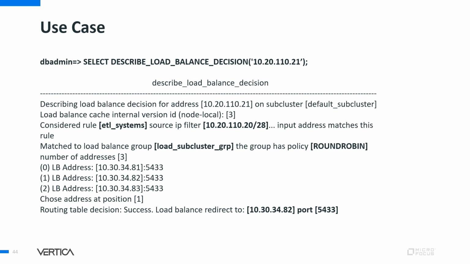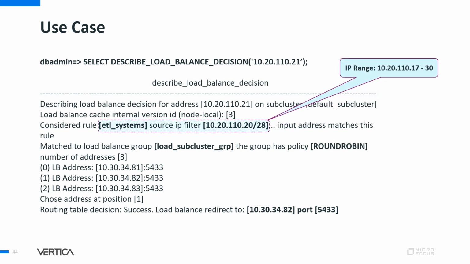We can use this function, describe load balance decision, to see what is exactly happening in the background. In this example, you can see I passed the input IP as 10.20.110.21. Once I executed this function, it checks whether this client IP matches the IP range.